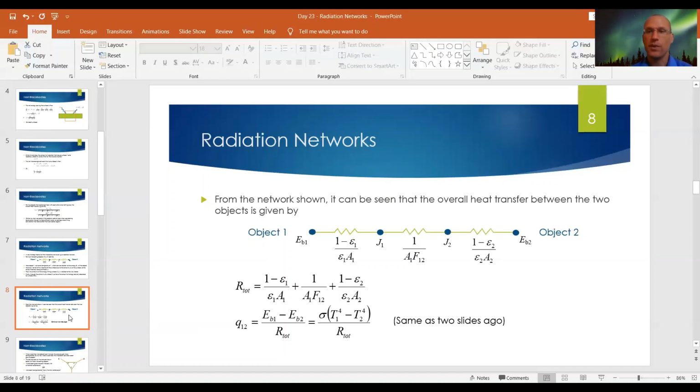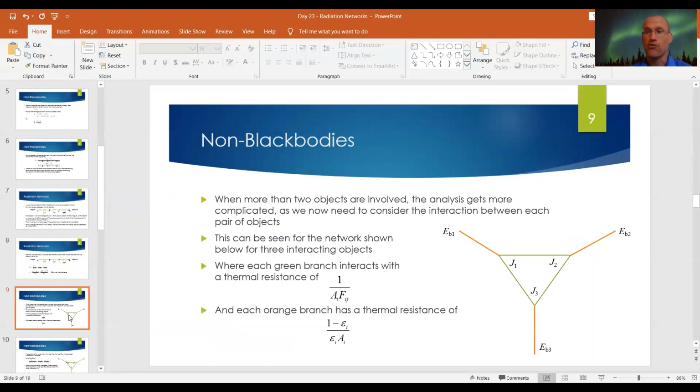It gets really fun when we have more than two objects. For example, three objects. I can have object 1 interacting with object 2. It's also going to interact with object 3. Then object 2 and 3 can interact. So I have this kind of triangular resistance network. Usually these are set up as these triangles. So I have very similar resistances.